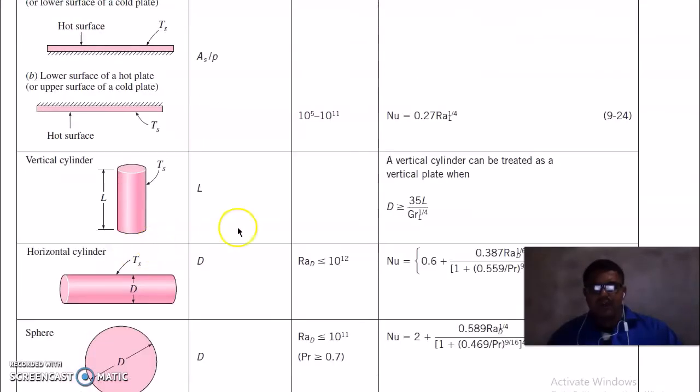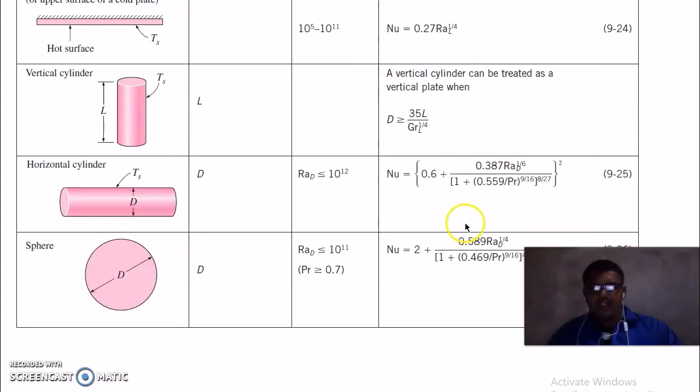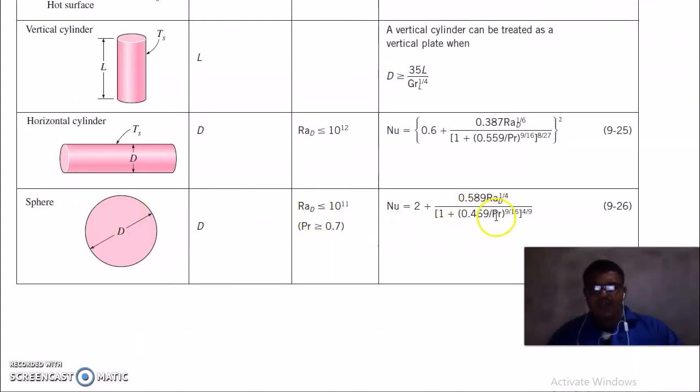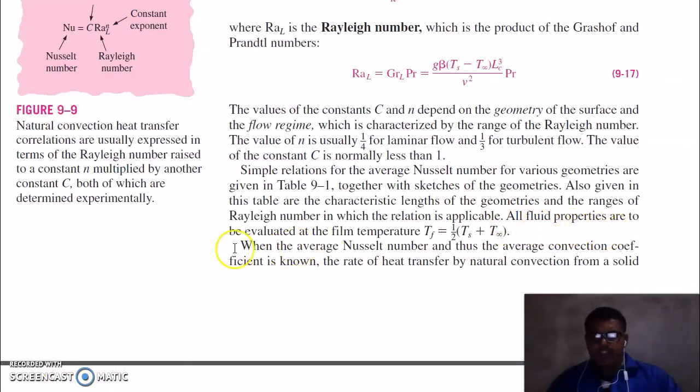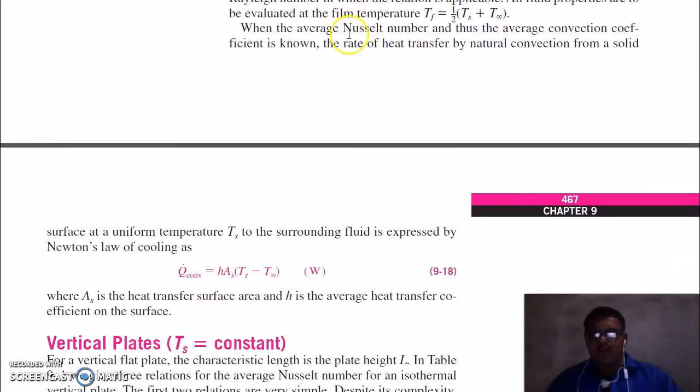For vertical cylinder, for horizontal cylinder and for sphere, these are empirical relations. All fluid properties are to be evaluated at film temperature, which is the average of surface and free fluid temperature. So if you know the Nusselt number, you can find the heat transfer coefficient from this relation.